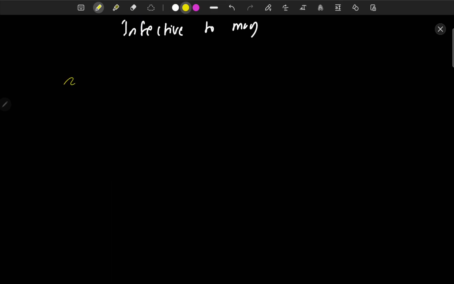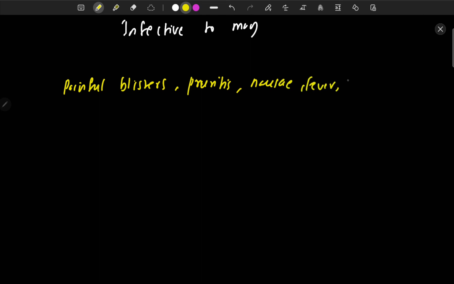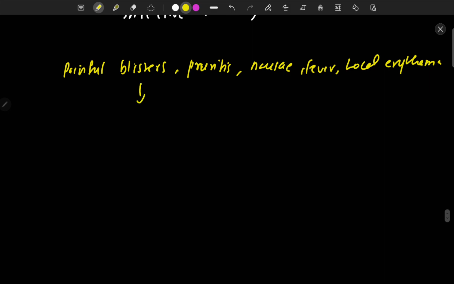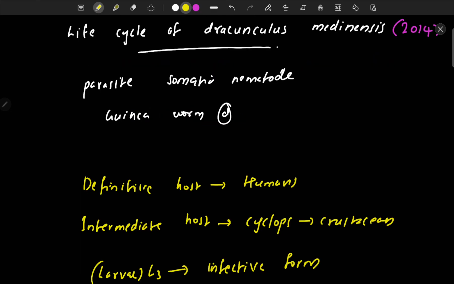The clinical features are painful blisters, pruritus, nausea, fever, and local erythema, that is local redness. The blister sometimes gets a secondary bacterial infection. So this is about the life cycle of Dracunculus medinensis.